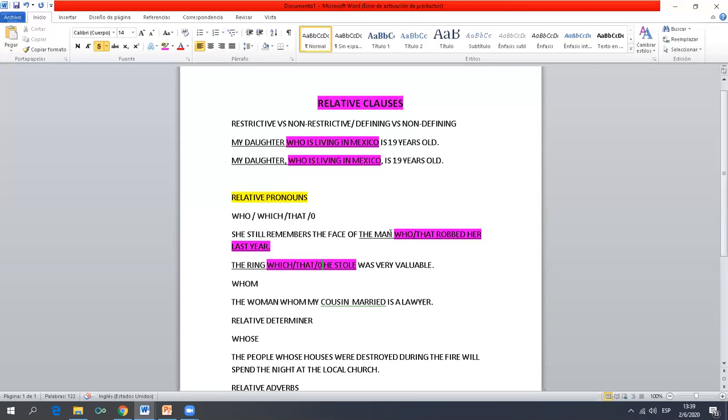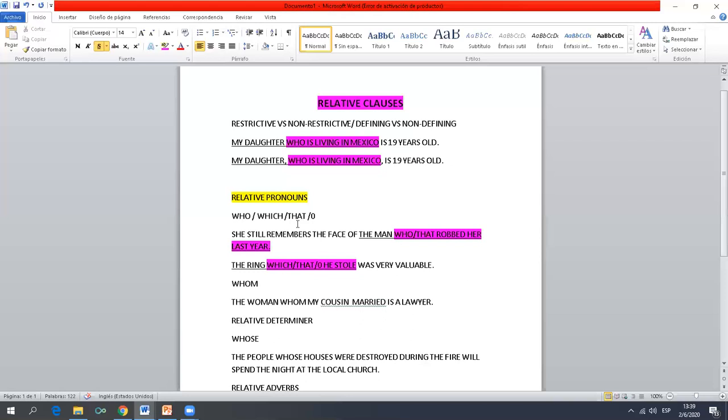Who robbed? Who is a relative pronoun subject. So you cannot omit the subject. You can omit the relative when it performs a function other than subject, as is the case here, because the subject for the verb stole would be he, and which would be the direct object. He stole which. Okay?